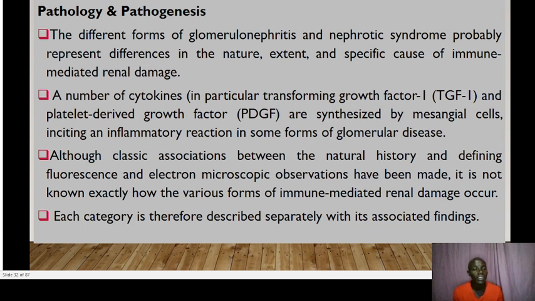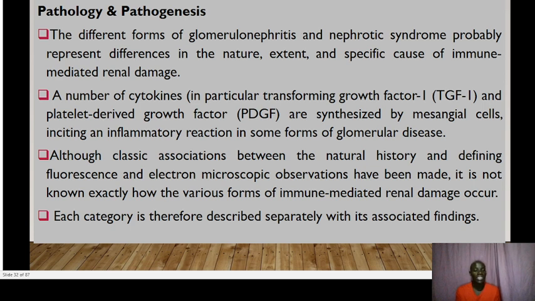immune-mediated renal damage. A number of cytokines are normally synthesized by mesangial cells, inciting an inflammatory reaction in some forms of glomerular disease. Although this classic association between natural history and defining fluorescence and electron microscope observation has been made, it is not known exactly how various forms of immune-mediated renal damage occur.